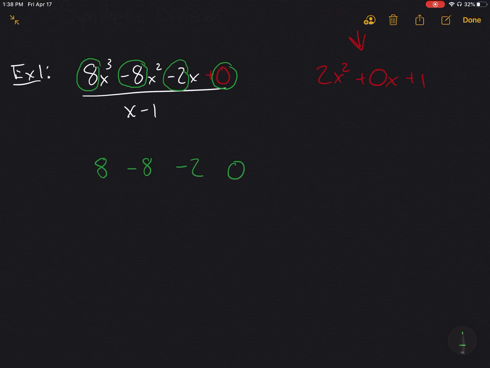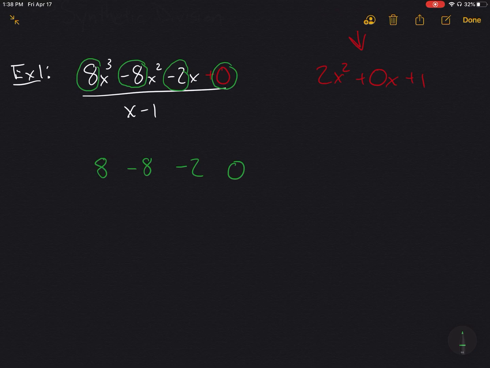So the first step after I've set everything up is I take all the coefficients and write them down in order. We could go backwards and add back in the x cubed, x squared, x, and x to the 0, and it would still remain true.